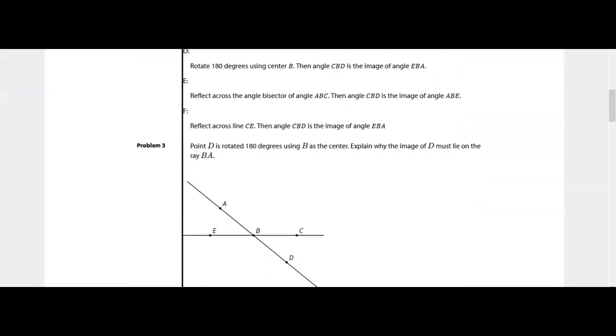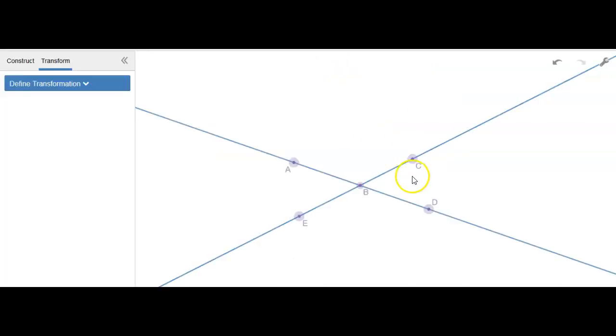If we rotate 180 degrees using center B, then it says CBD is the image of angle EBA. If we define our transformation as a rotation of 180 degrees, remember with 180 degrees it doesn't matter whether you go clockwise or counterclockwise. So I'm going to type in 180 degrees here, rotate this line 180 degrees, and also rotate this line 180 degrees.